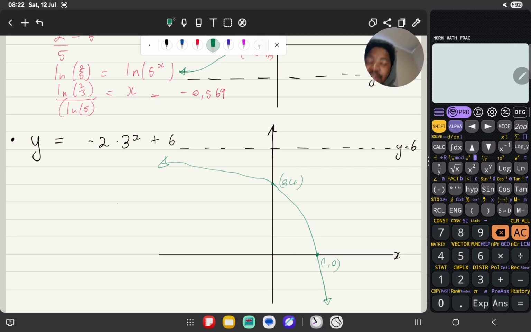So you can see I didn't talk about it, but the domain for these things is always negative infinity to positive infinity. That is the domain of your exponential functions. But as for the y-axis, as for the range, you determine it by a.